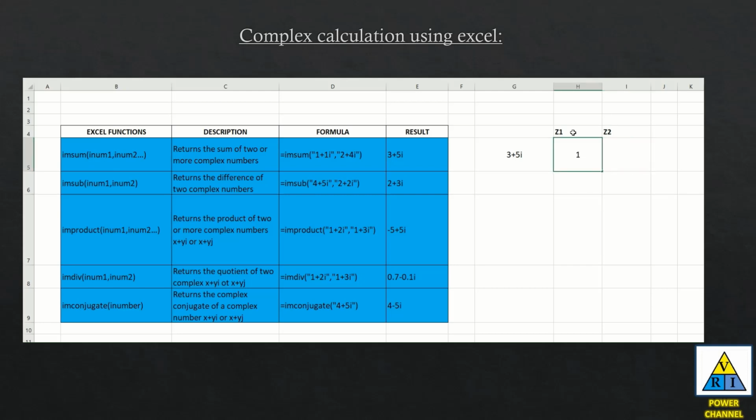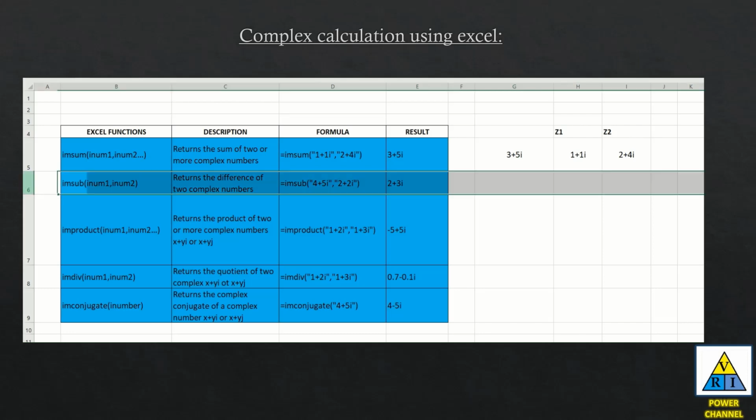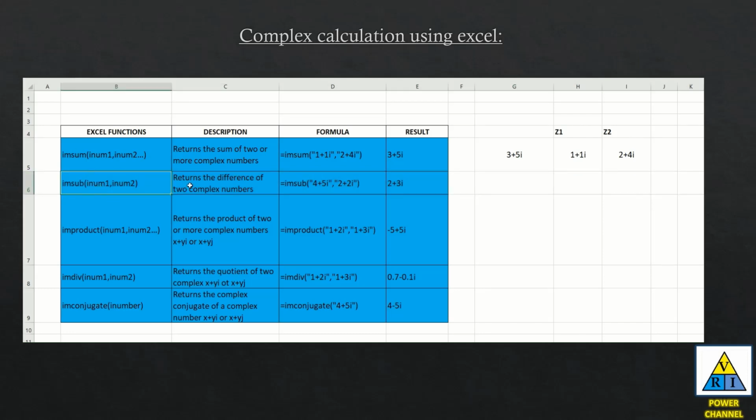Another way is we type in the two complex numbers, 1 plus 1i, then 2 plus 4i, then we just type IMSUM, open parenthesis, say 1, then say 2, close parenthesis, which yields the same result.